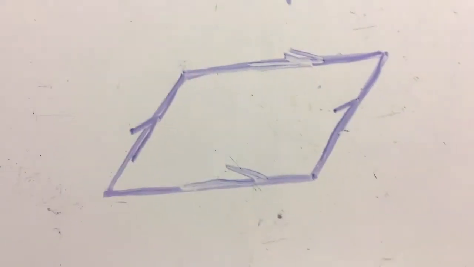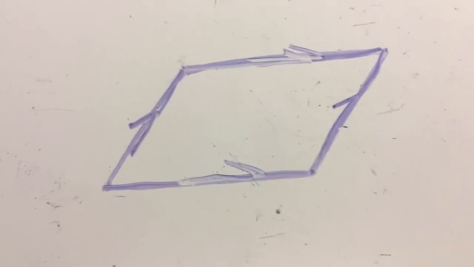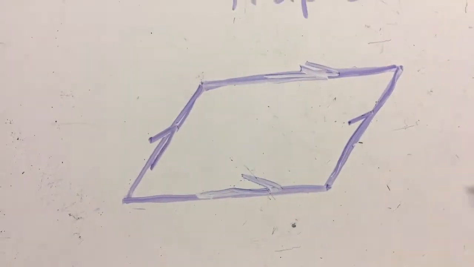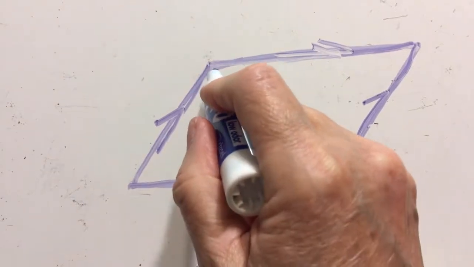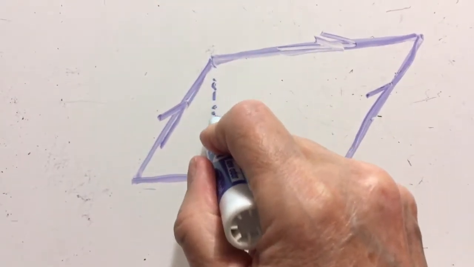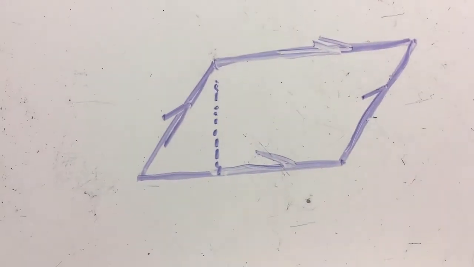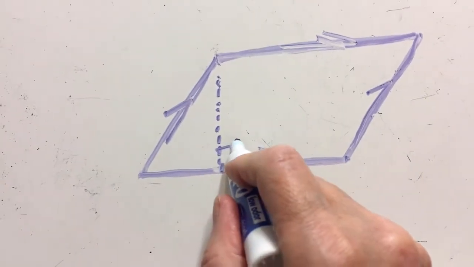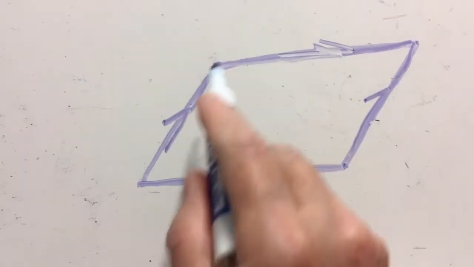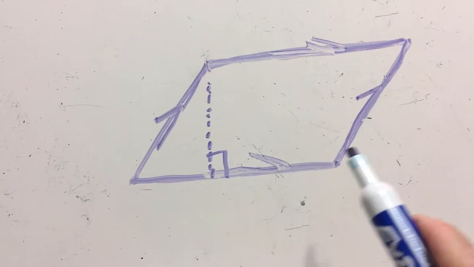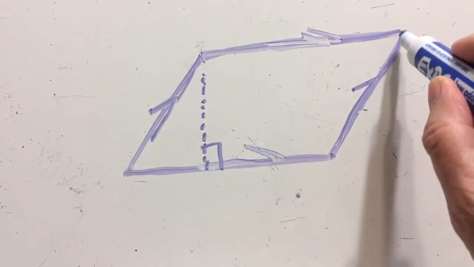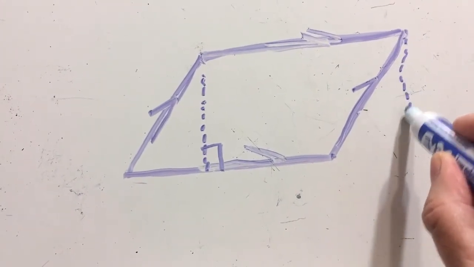So now we have this figure. I want you to see that if we cut this triangle off to where we had a right angle here, and then we cut it off and we slid it over here, and we plugged it right there.